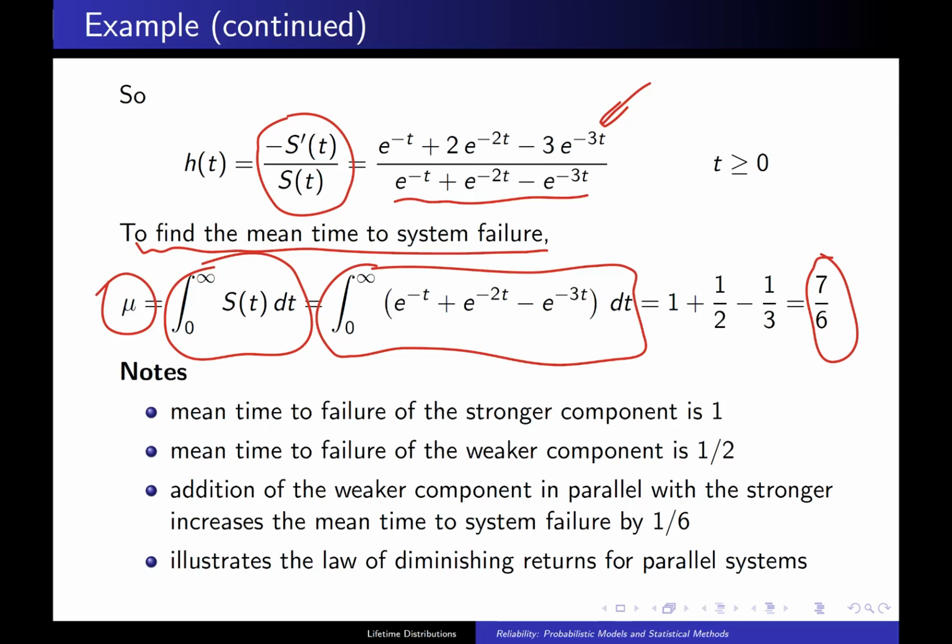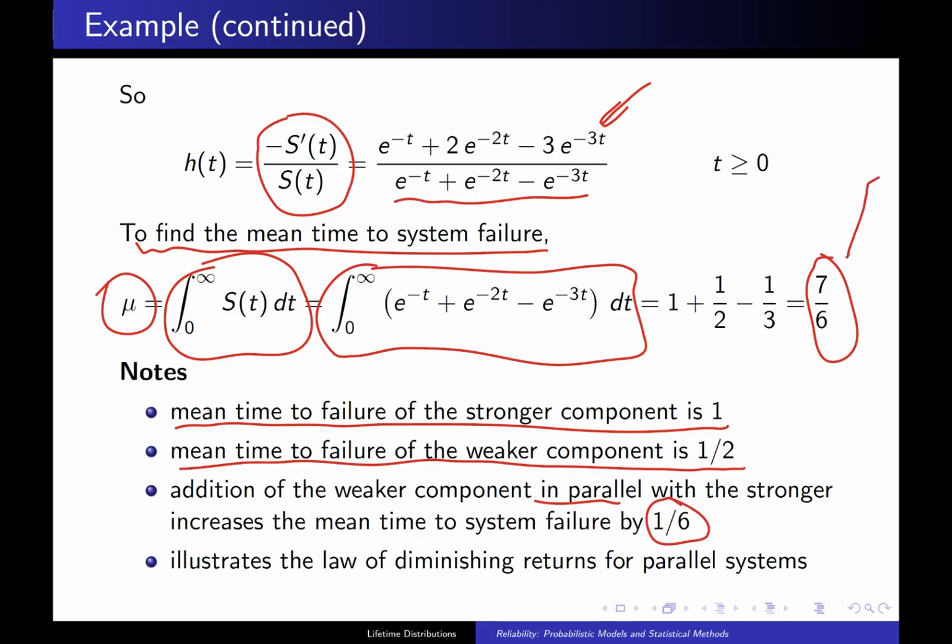So here are a couple notes. The mean time to failure of that stronger component is 1. The mean time to failure of the weaker component is 1/2. The addition of the weaker component in parallel with the stronger component increases your mean time to failure by only 1/6.